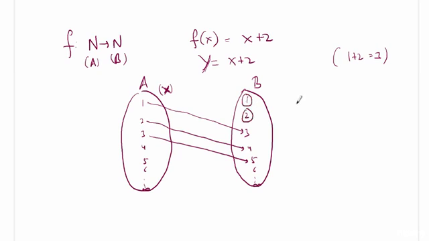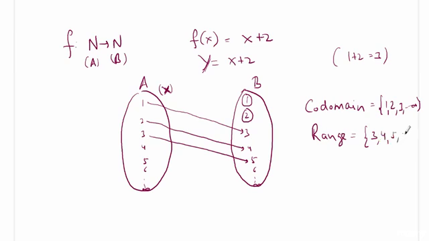This means the range is not equal to the codomain, because the codomain is all natural numbers, that is 1, 2, 3 and so on till infinity, while the range will be only the numbers which are mapped, so 3, 4, 5 and so on till infinity. You can see that these two elements are left unmapped, which means it is not surjective.